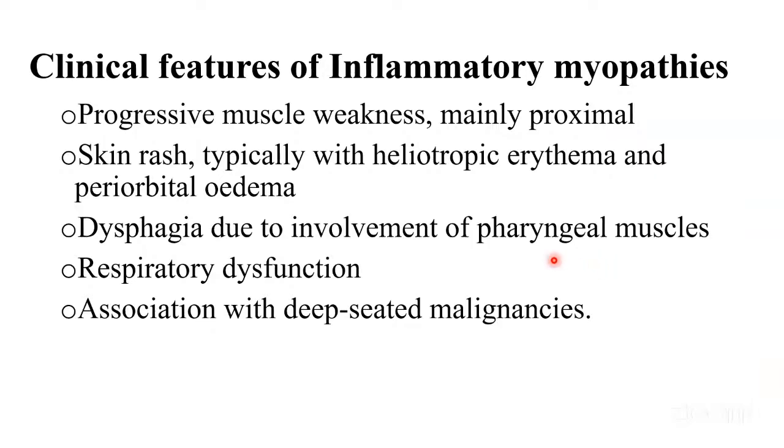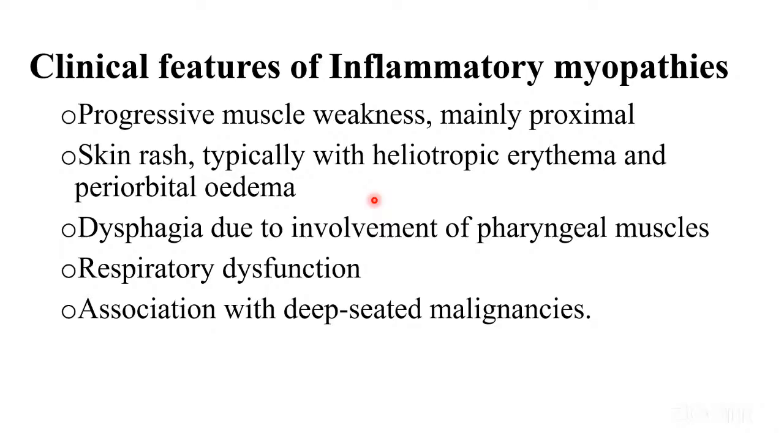Clinical features include progressive muscle weakness, mainly of proximal muscles, and skin rashes, typically with heliotrope erythema and periorbital edema around the eyes. I've seen a lot of people with periorbital edema; perhaps they could be having these myopathies.